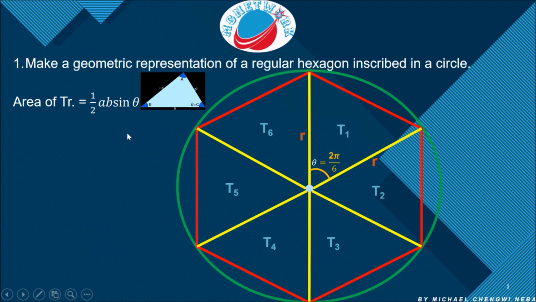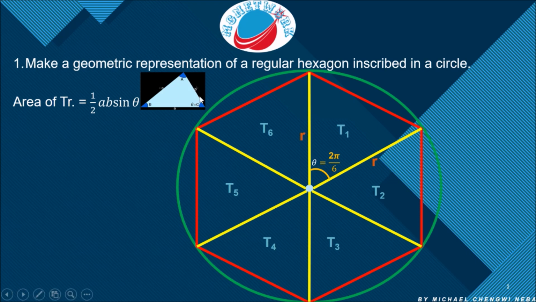The geometric formula says that if you have a triangle of sides A, B, and C with angles A, B, and C, which is equal to theta, then the area of this triangle is equal to half the product of two of the sides multiplied by the sine of the angle created by these two sides.